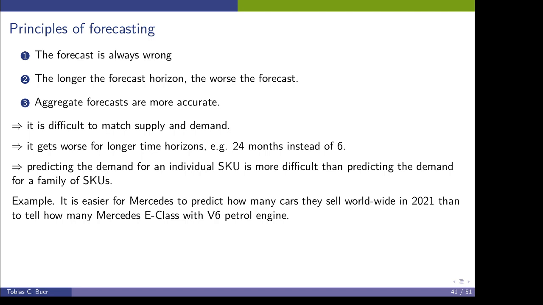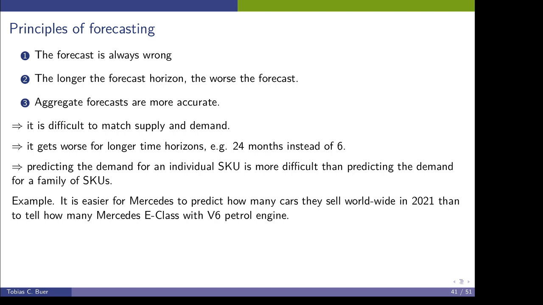And the third principle says that if we aggregate forecasts, we can create more accurate forecasts. So what does aggregating forecasts mean? Instead of creating a forecast for a single product, it is easier and more accurate to do a forecast for a group or a family of products.